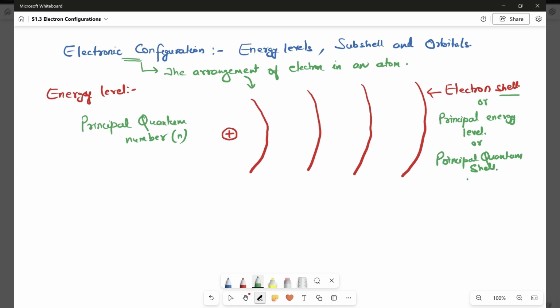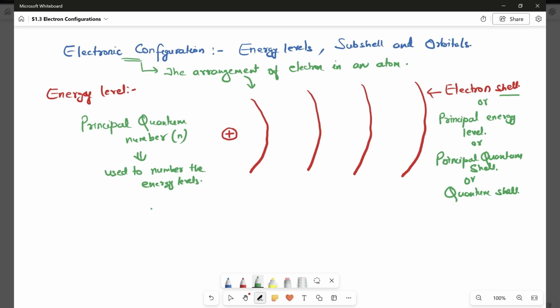This is also called quantum shell. So the importance of this is that it is used to number the energy level.